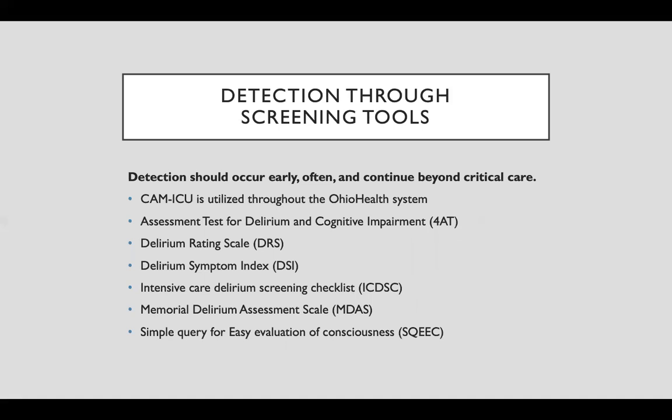Detection should occur early, often, and continue beyond critical care. There are many screening tools for delirium, and they include the CAM ICU, which is utilized throughout the Ohio Health System.